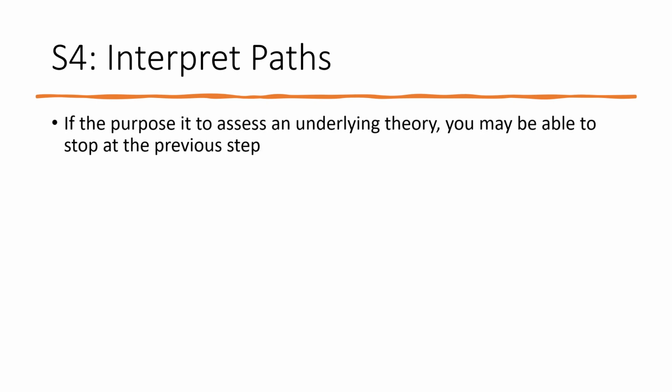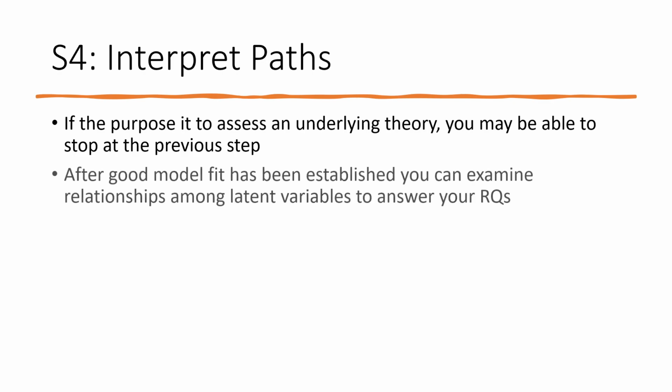All right, so again, if you were just looking at comparing multiple theories, maybe the previous slide does it for you, but if you're actually looking at the nature of the underlying relationships, step 4 is interpreting those paths. So after you are confident in your model, it's a good fitting model, it fits better than the other theories, the measurement's good, the paths are good, then you can look at examining what the paths are.